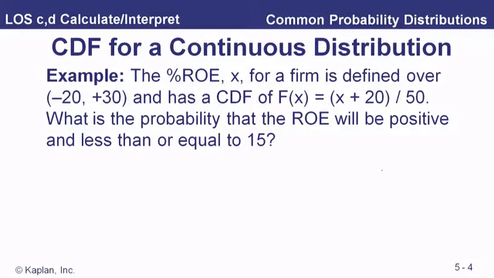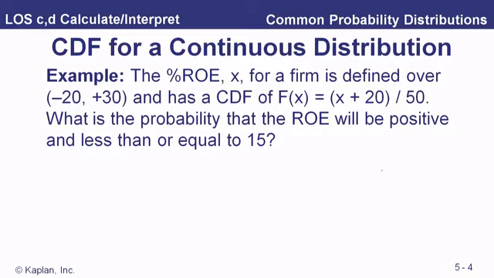So let's use that to do a calculation here. So for this example, the percentage return on equity, and that's our variable x, for a firm is defined over the range minus 20% to plus 30%. And we're given this cumulative distribution function. So for every value of x, it's x plus 20 over 50 is our CDF.